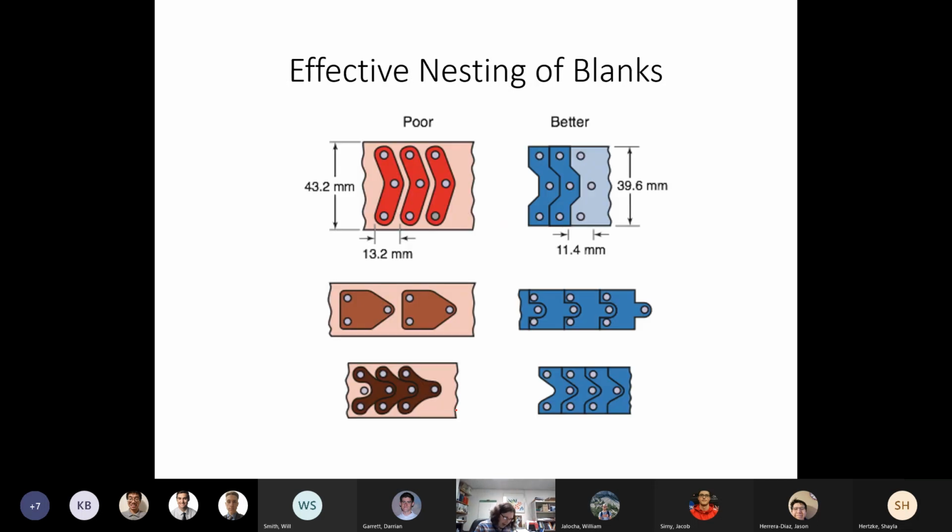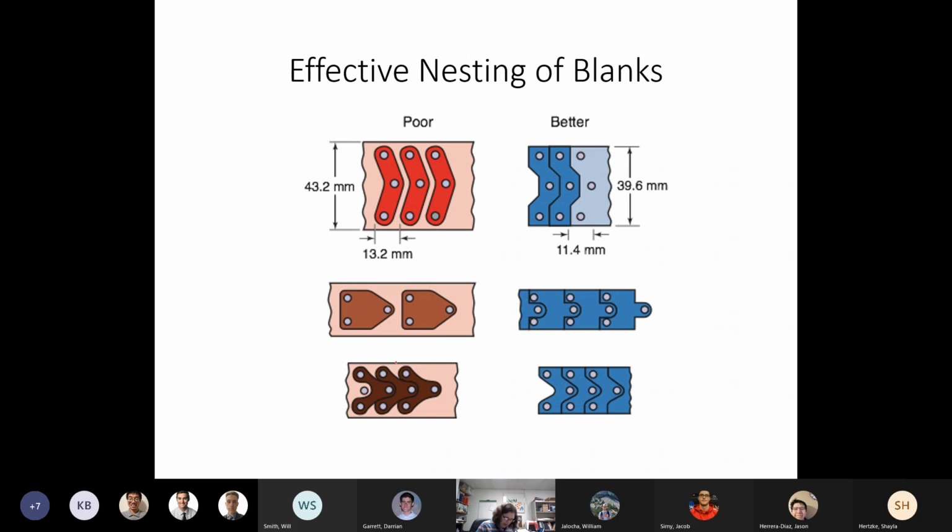If we can have parts that nest, there's no waste. Looking at the better option, these parts on the right may function in the same manner in that we have holes aligned in the same location. This would have no waste, whereas over here we have more shearing and a little more waste.